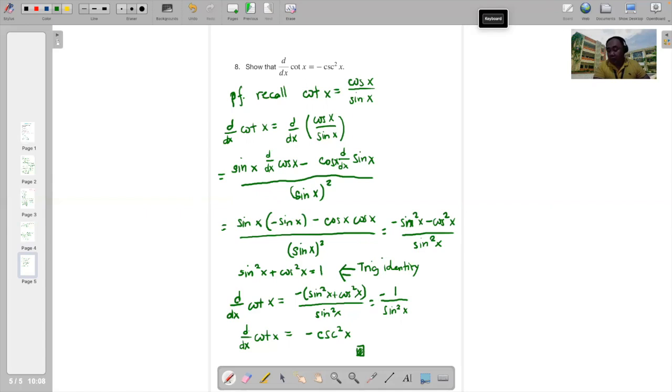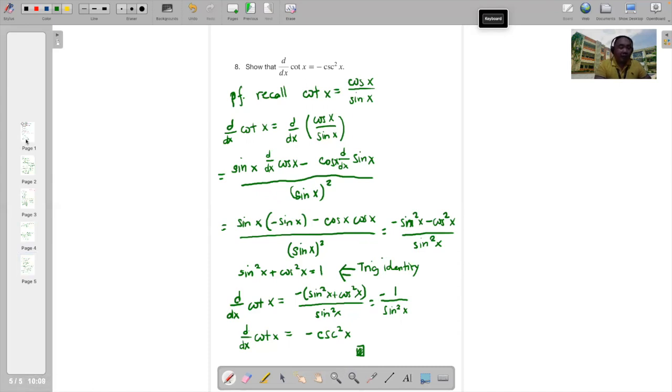Of course, it's going to take you long, so I still recommend that you memorize the derivatives of the 6 trigonometric functions instead. But just to show you that we could actually do that, we can derive from the basic derivatives of cosine and sine x to get to the derivatives of the other trigonometric functions.